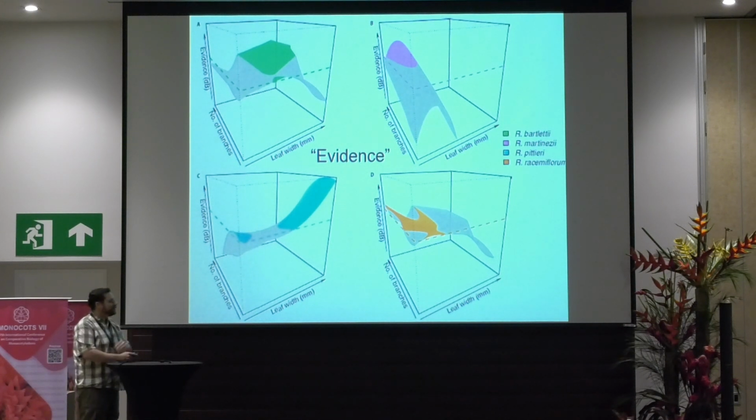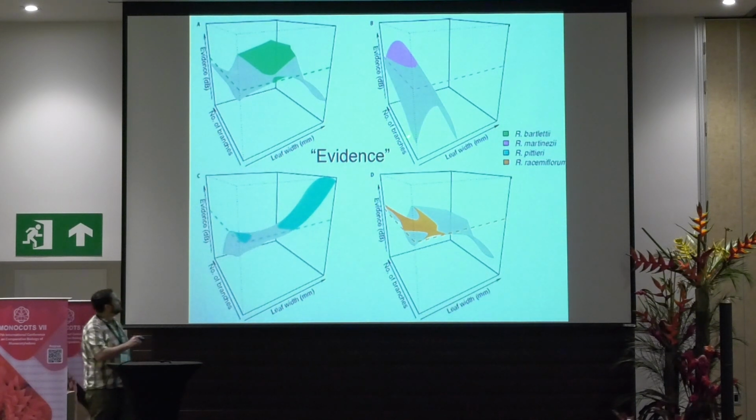So that's what evidence is doing, it's sort of a measurement of the power of discrimination of this method. And what we're showing is these are different surfaces. So on one axis here, we have the number of branches, and on the other axis is the leaf width, and then on the vertical is that measurement of power.